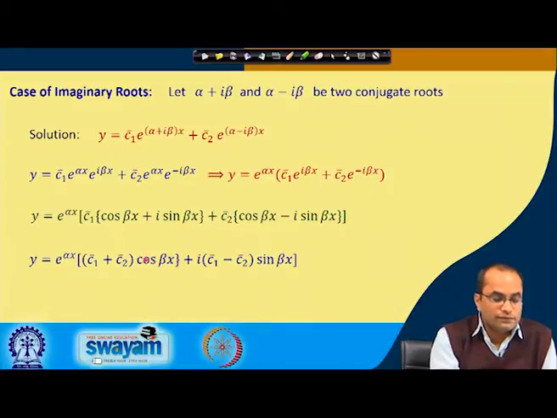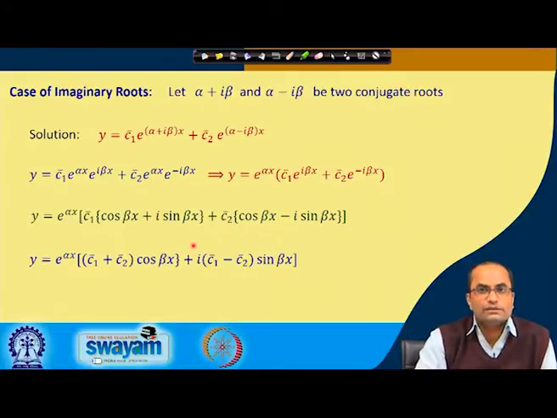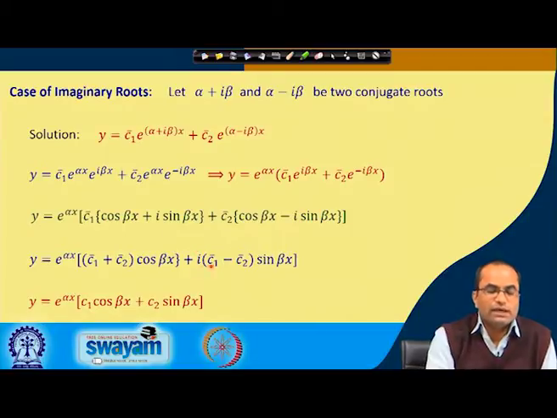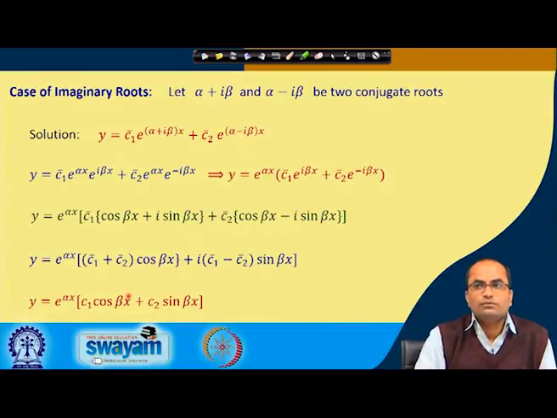So, we have now these two new constants, C 1 bar plus C 2 bar, and also i times C 1 bar minus C 2 bar. Here y is equal to e power alpha x, and we have now renamed the coefficient C 1 bar plus C 2 bar as C 1, and i times C 1 bar minus C 2 bar we have given another name, C 2, because these two are arbitrary constants now.